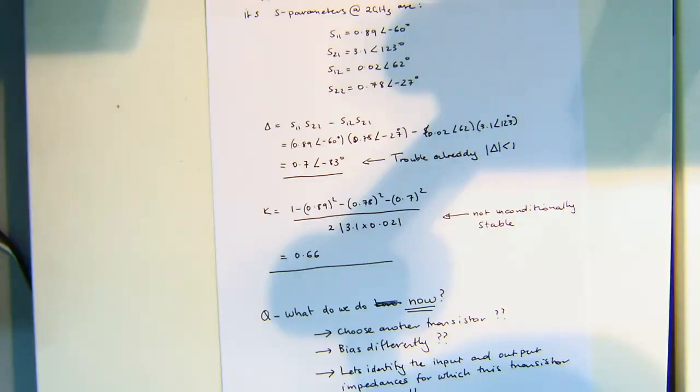We're going to work out how to determine, for a given transistor that is potentially unstable, or is not unconditionally stable, I should say, what are the potential load and source impedances for which it's stable? And the other question, and I just need to clarify this: if I was asking you to draw for an unconditionally stable transistor all the impedances for which it's stable on a Smith chart, what would you draw?